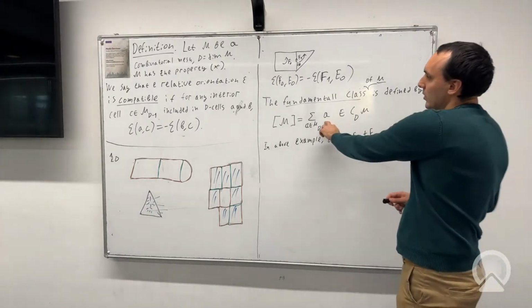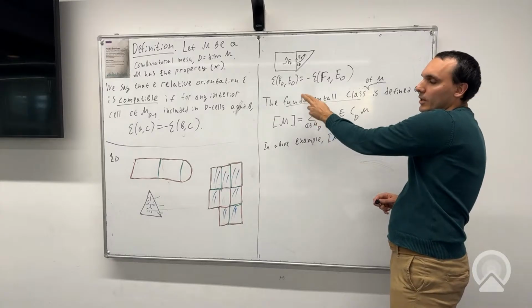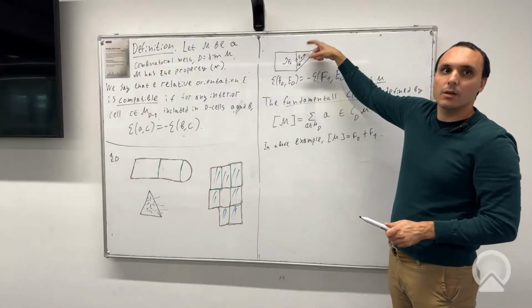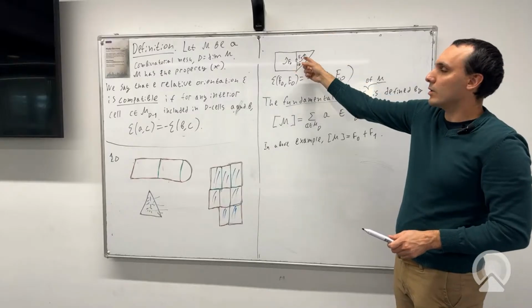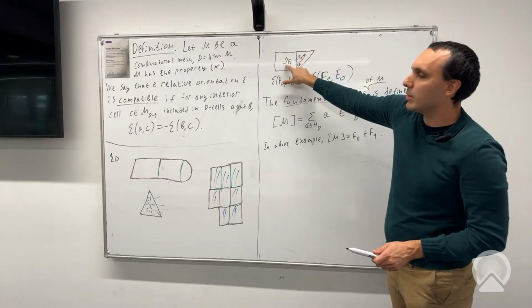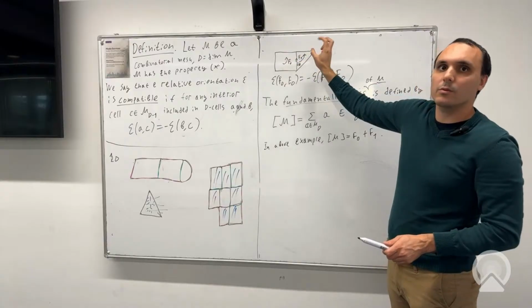And the good thing about the fundamental class is that if we take the boundary operator, everything that is inside will cancel out, because with any cell here we have one plus and one minus from the two sides, and only the boundary will remain.